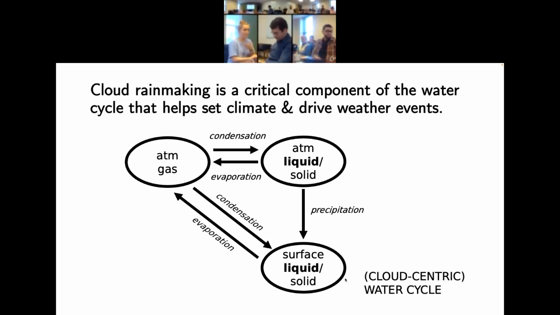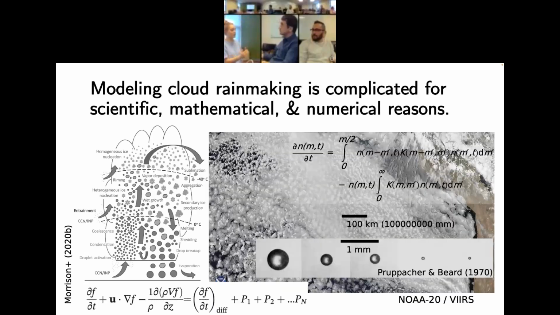And also we know, as humans, we care about the details of what precipitation is doing for weather. So we want to understand how clouds make precipitation or make rain if we're just thinking about our liquid phase for all these climate and weather consequences. But actually modeling and understanding how clouds make rain is complicated for a diversity of reasons, spanning from gaps in process-based understanding from a more physics or scientific perspective.